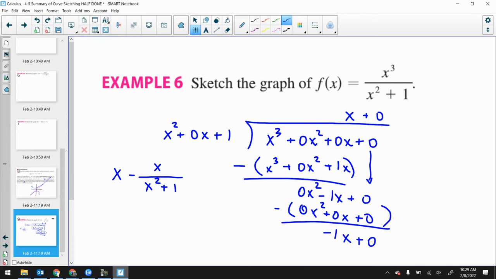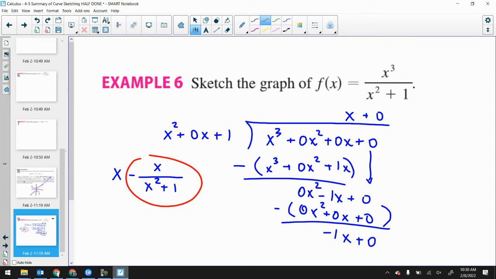What happens to this as I make x go to infinity? It goes to 0. Why does it go to 0? Because it's going to make the denominator bigger and bigger than the numerator, right? Obviously, this is going to go to infinity, but this is going to go to infinity faster, because it's x squared. So this is going to go to 0. This is going to be negligible in the long run.